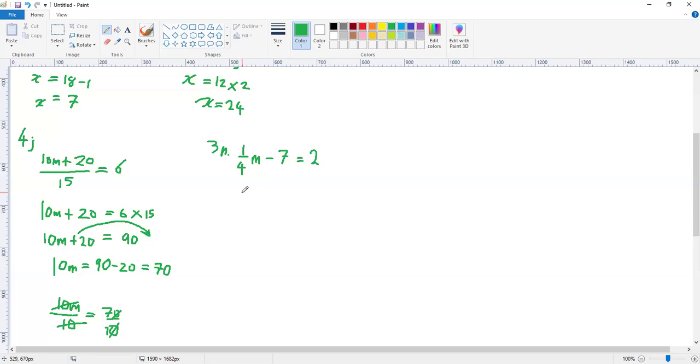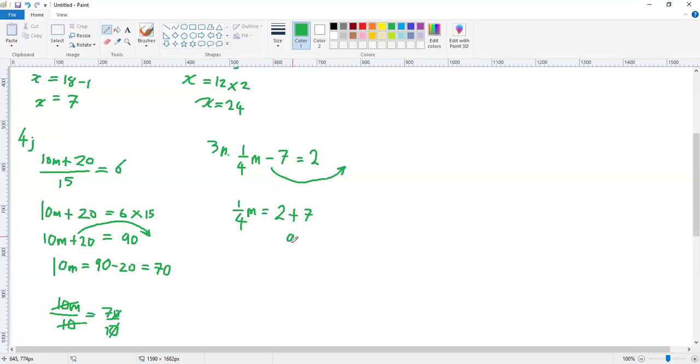So our job now is to find m. Of course, the same idea that we did for the other one would apply here. So that will leave us adding 7 to both sides. And if you add 7 to both sides, what will be left on the left-hand side is 1 over 4m equals 2 plus 7. And you know why we're adding? Because the sign on 7 is negative, so we have to do the opposite of that.